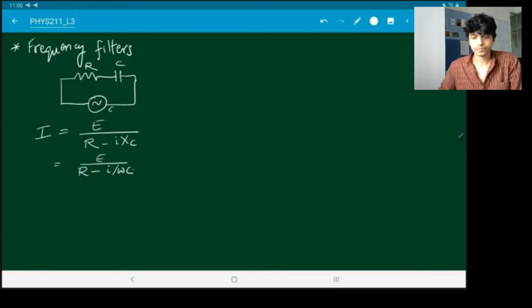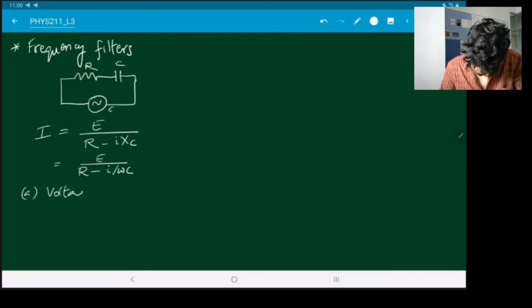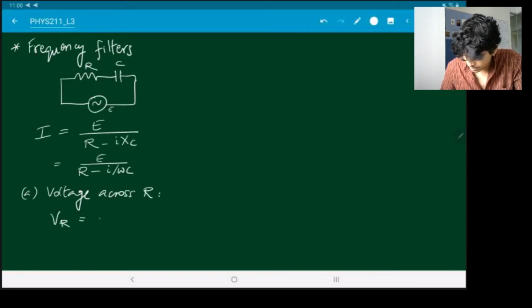So now the first question is, what is the voltage across the resistor? So this is just IR.